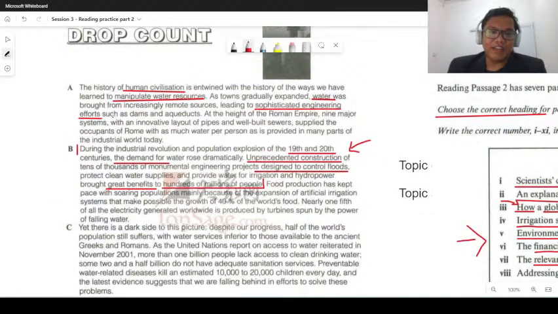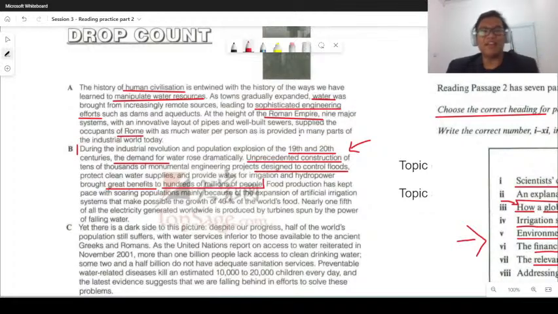Okay, so let's take a look at the next sentence. At the height of the Roman Empire, so this is another new topic. Nine major system with an innovative layout of pipes and well-built sewers supplied the occupants of Rome with as much water per person as is provided in many parts of the industrial world today. So this is during the Roman Empire.